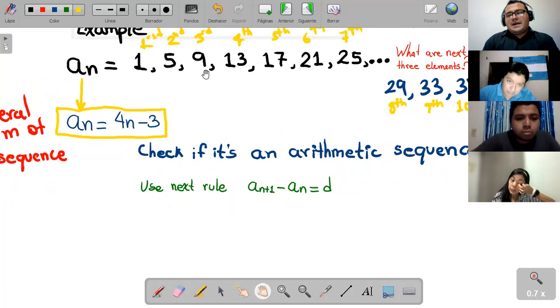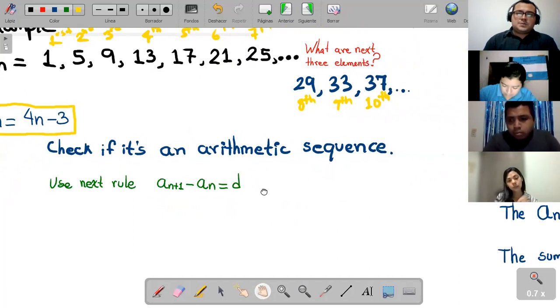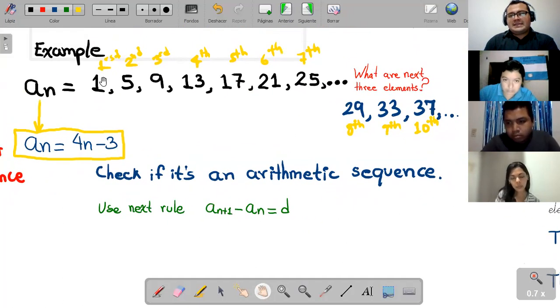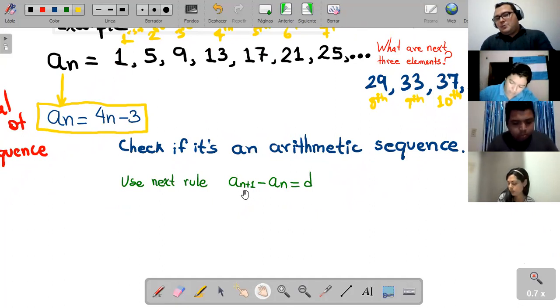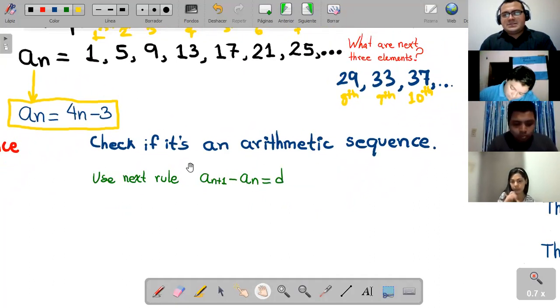In this case, we have here an arithmetic sequence. It's true, because we already discovered that this difference stays the same between consecutive terms every time. But the only way to check if it's an arithmetic sequence is to see if this really works for every number of the sequence.